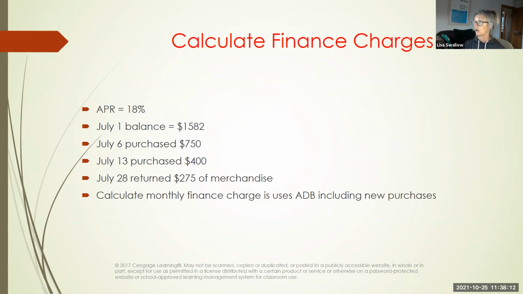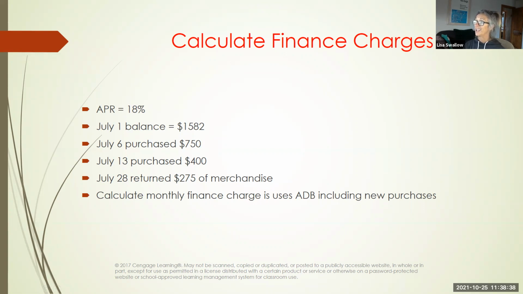Okay, so I'd like you to go ahead and set up another one of these charts and do another one of these. So I come into the month with a balance of $1,582, which you shouldn't be having because you should be paying your credit card off every month. Then on the 6th, I make a purchase. On the 13th, I make another purchase.